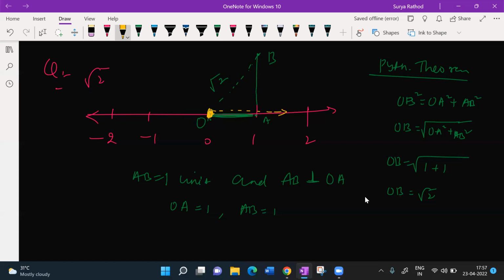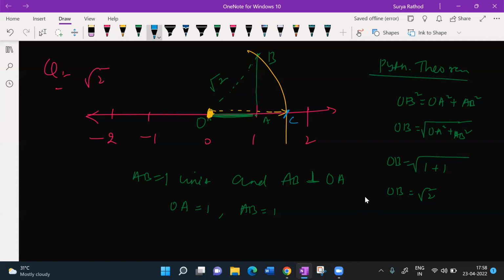We mark an arc somewhere here. Look at it like this. It is not looking like an arc, but consider it as an arc. Let us consider this as the point.